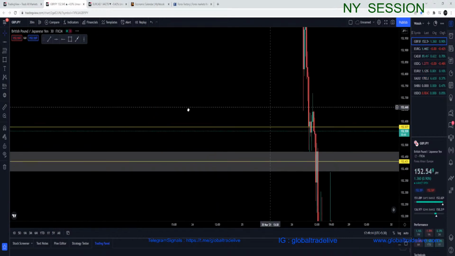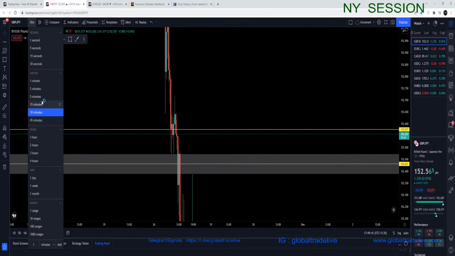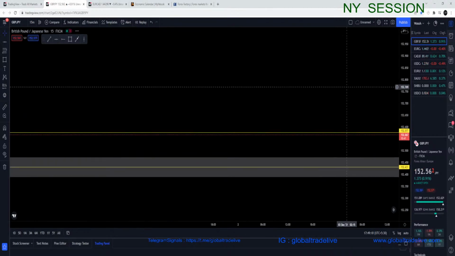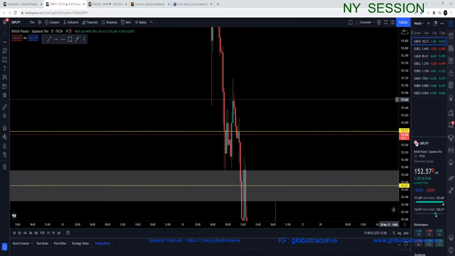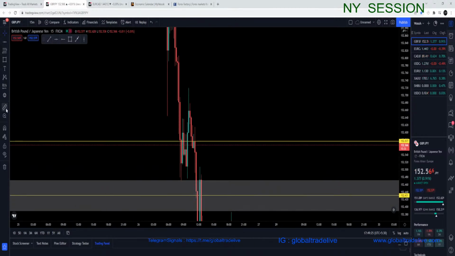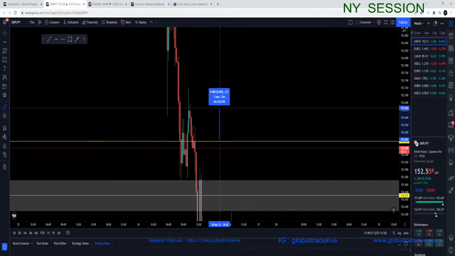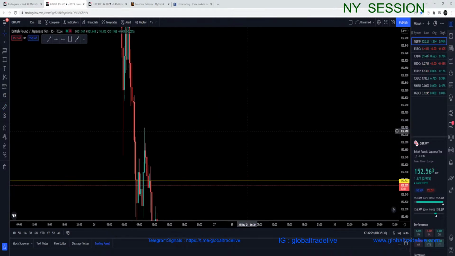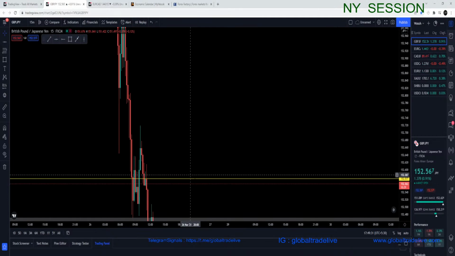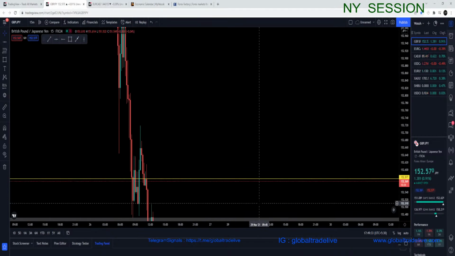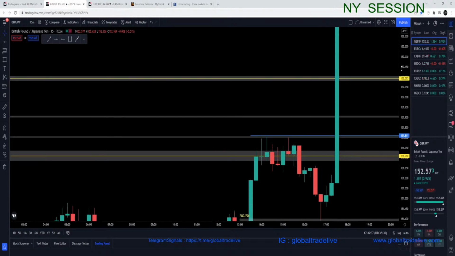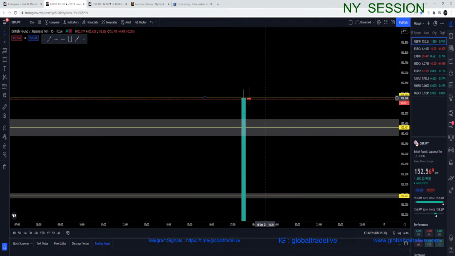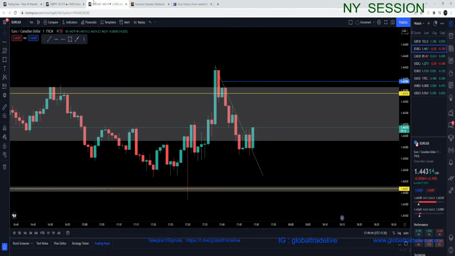Okay. 15. Clean range. The range is not enough. Cannot take a trade over here. So even though this cannot break its own high again, there's no point.